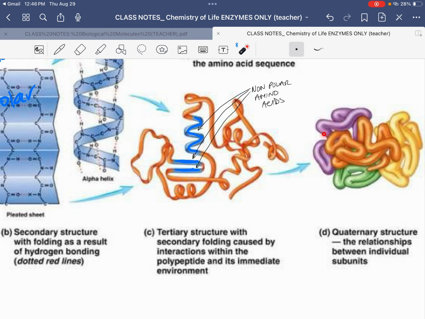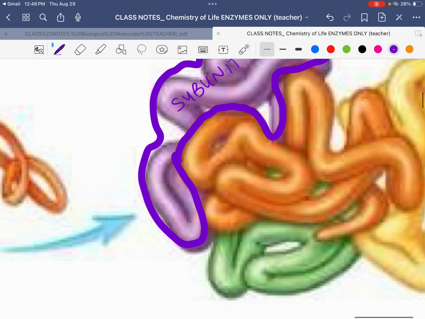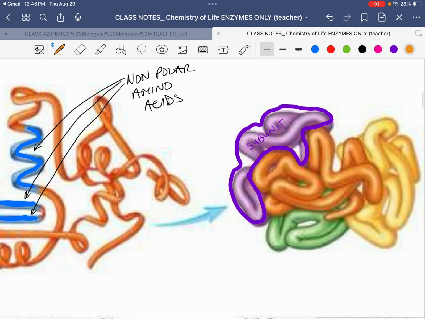This is hemoglobin right here. And you can see we've got 1, 2, 3, 4 subunits, right? So this is a subunit. Let's do purple. Here's a subunit, right? This one here. This is a subunit. And then we've got this orange one here.